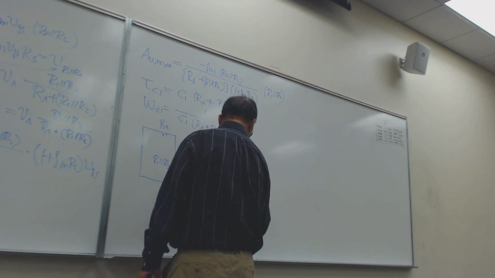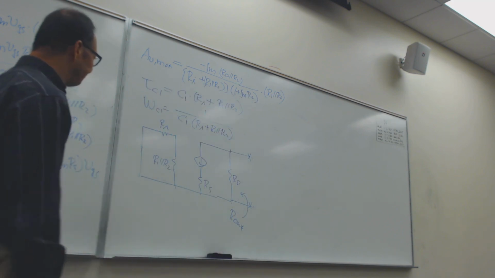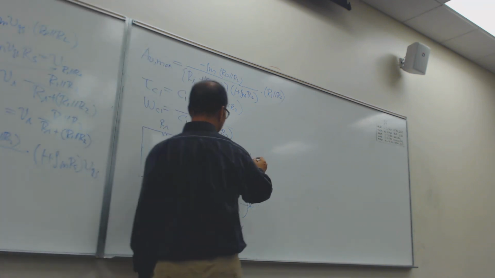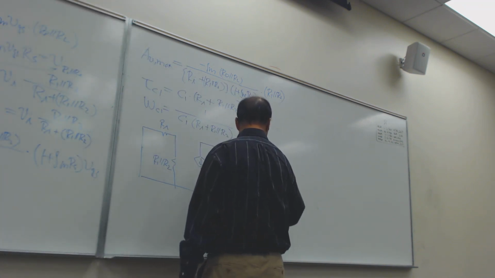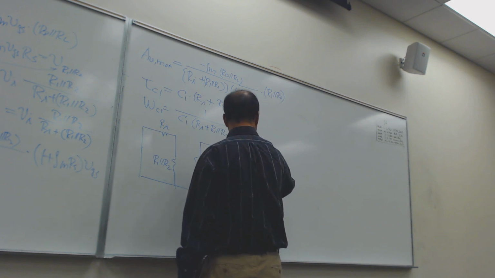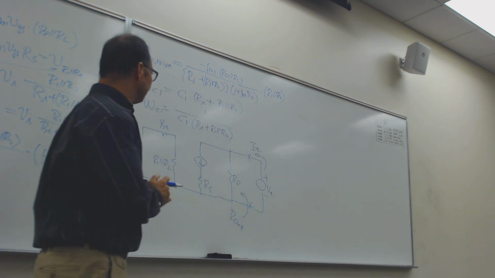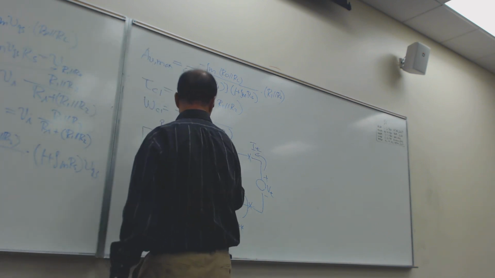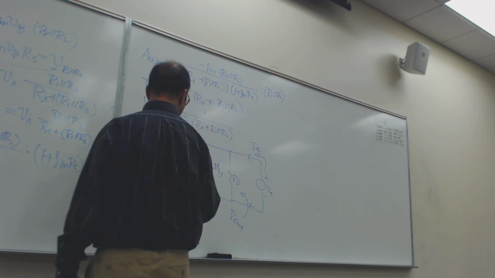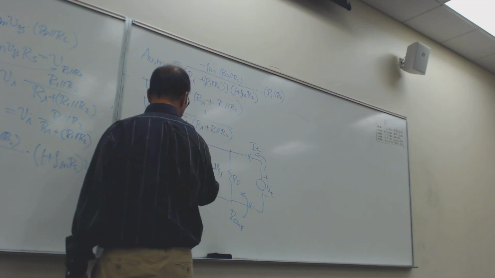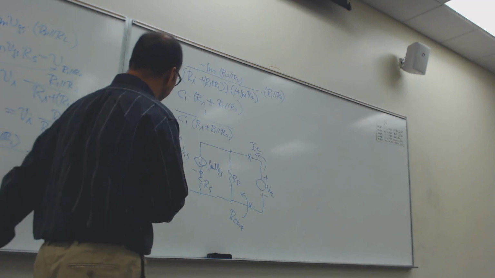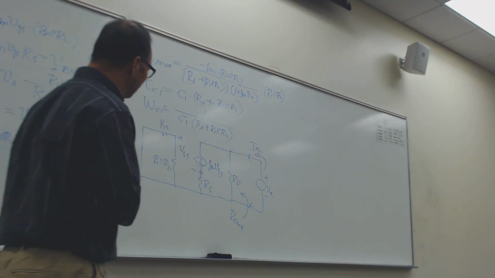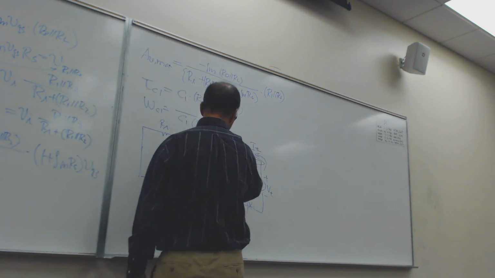Okay, so you're looking for R out. All right, so you put a V test and I test, right? So this is GM VGS, right? And here's VGS. Okay, so if you look at this node, right?